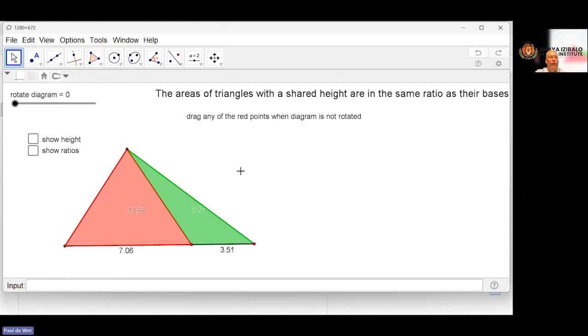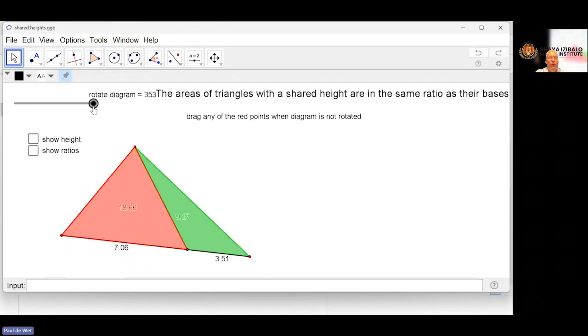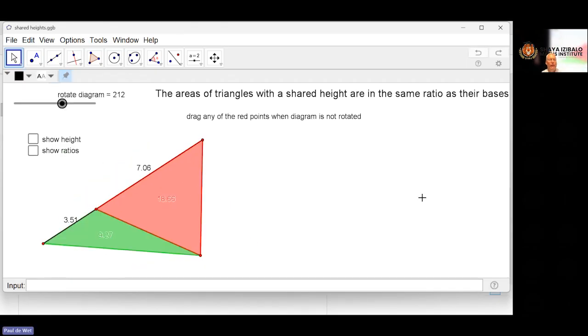All right, look at these two triangles, the green one and the red one. Those triangles share a height. It's not obvious that they share a height. If you turn the diagram around, it becomes obvious.